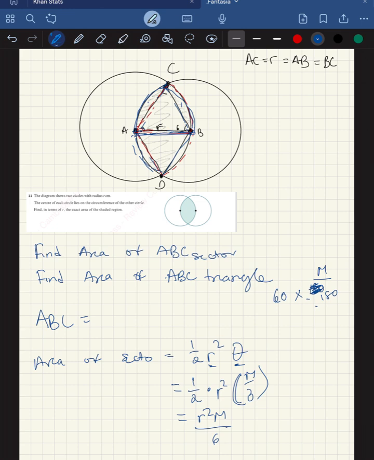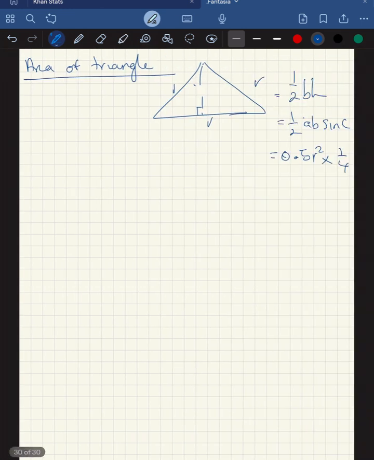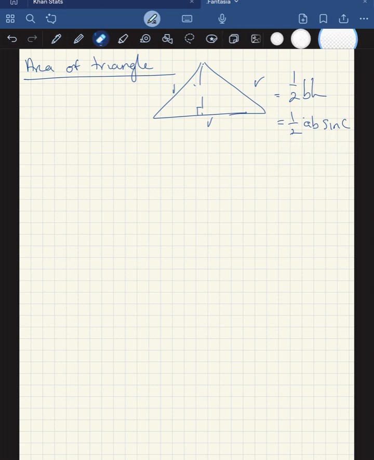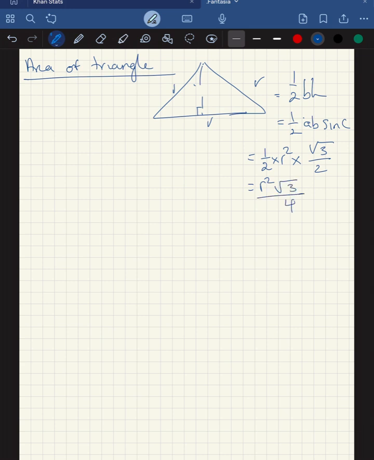Oh, it's not pi over 6. Excuse me, that's where I made the mistake. So this is going to be equal to half times r squared times sine pi over 3. And that gives us r squared root 3 over 4.